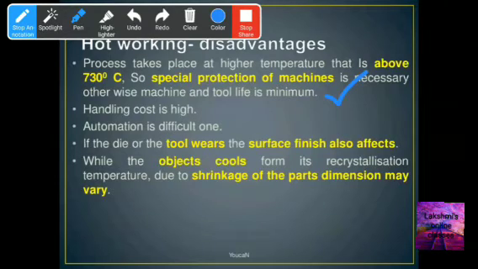Handling cost is high, and automation is difficult. If the die or the tool wears, the surface is also affected. While the object cools from its recrystallization temperature, due to shrinkage of the parts, the dimensions may vary, right? So these are all the disadvantages.